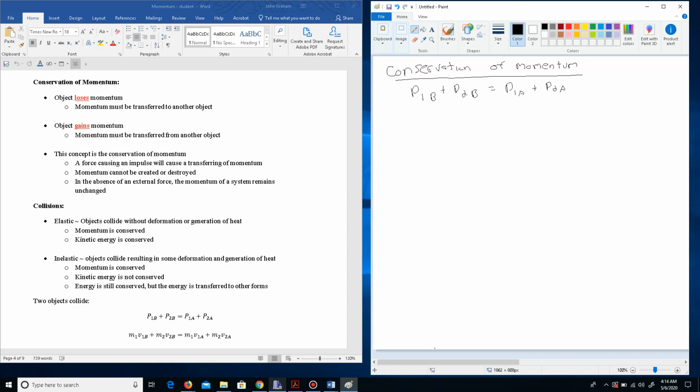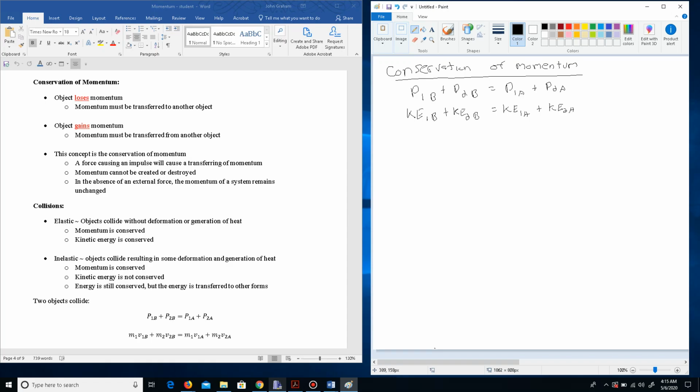The next one is kinetic energy is conserved. This means KE1 before plus KE2 before must equal KE1 after plus KE2 after. Okay, so both of these two equations have to remain true.